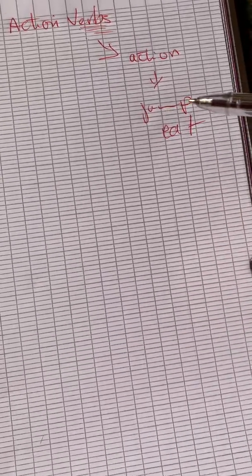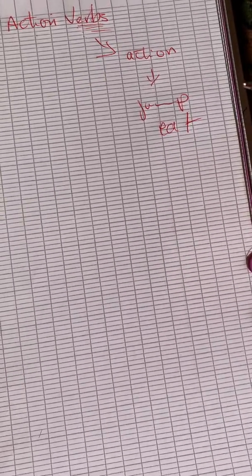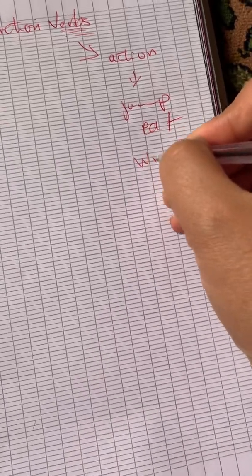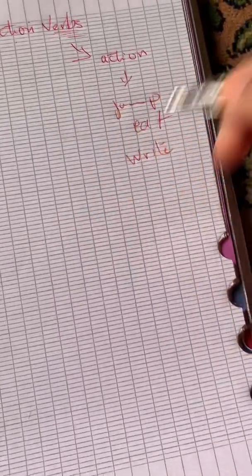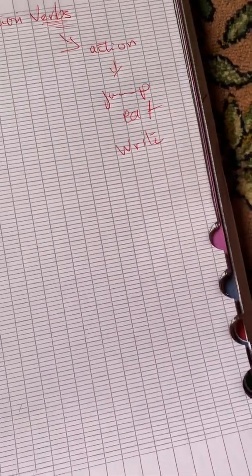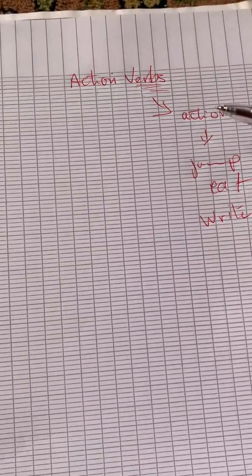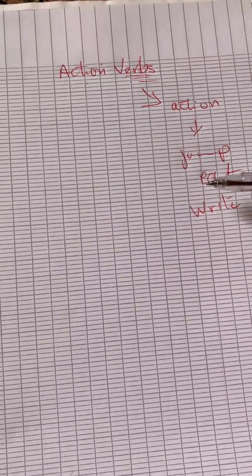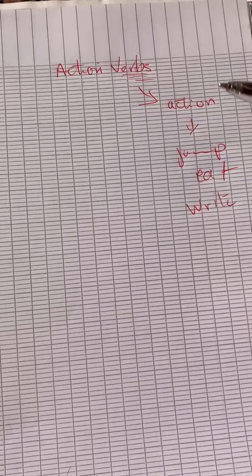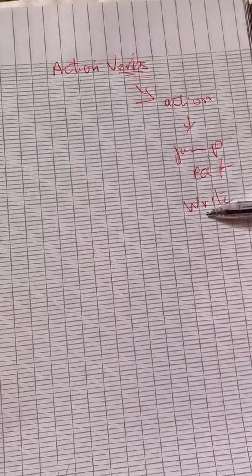Eat, when we eat, we move our mouth, we are doing an action. Okay, write, when you write, you are using your hand, you are doing something, means you are doing an action. So each and every verb that shows movement, that shows that you are doing something, is called action verbs.